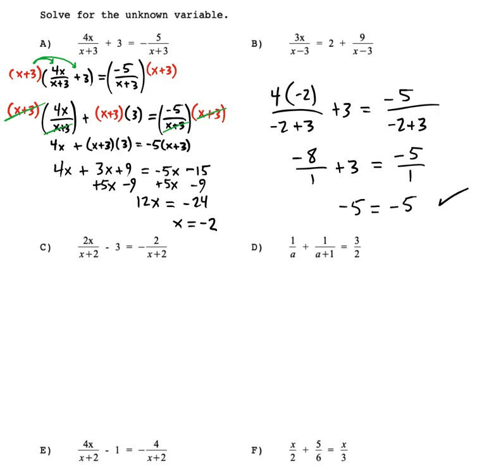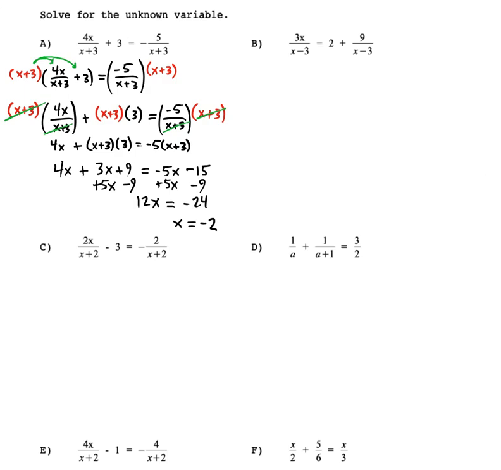It does check. So now we know that negative 2 is the correct solution to that equation.